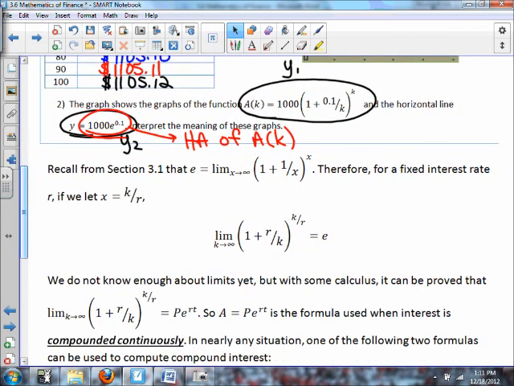Now, recall from section 3.1 that the number e is going to be the limit of (1 plus 1 over x) to the x power as x gets closer to infinity. Therefore, for a fixed interest rate r, if we let x equal k divided by r, we'll end up getting the limit of (1 plus r over k) to the k over r power as k approaches infinity.